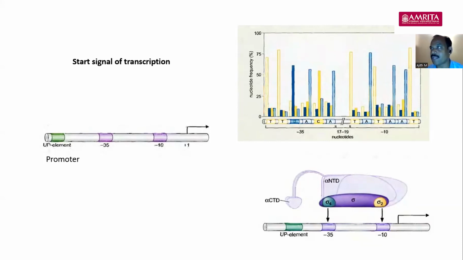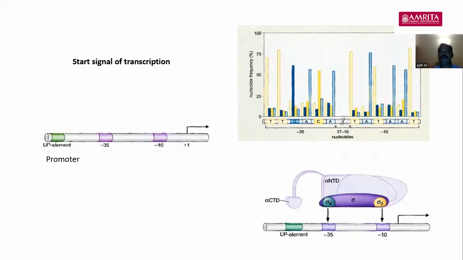For example, they are called sigma 70, sigma 24, sigma 38, and so on. There are different sigma factors. These sigma factors specifically identify a certain group of genes. Now I have partly answered how a particular gene gets transcribed in a particular cell at a particular moment in time.